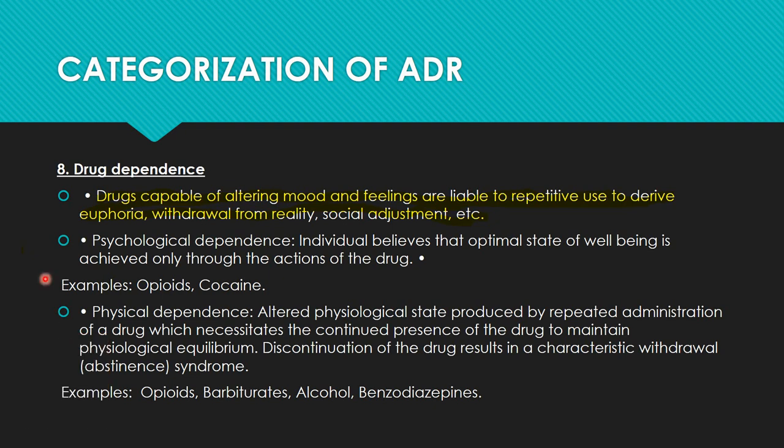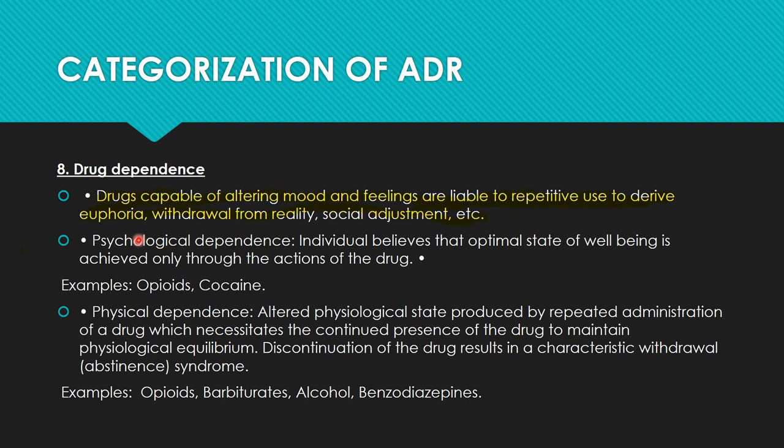We can see that due to these drugs, the patients are so much dependent due to their repetitive use. It is not a single time or a dual time or a triple time use. It is a repetitive use, which results in what? Euphoria, then withdrawal from reality, and social adjustment issues. So such types of problems are being caused.